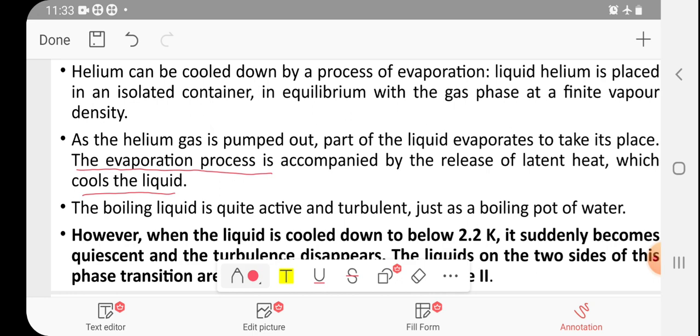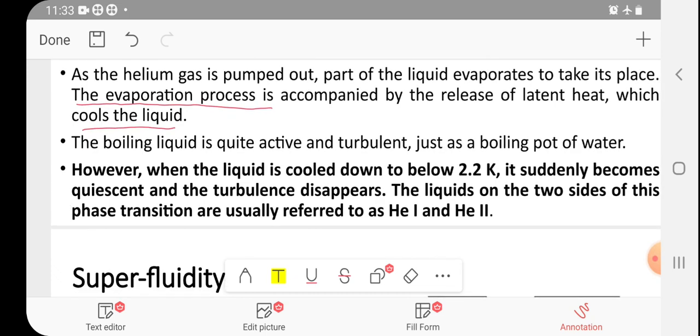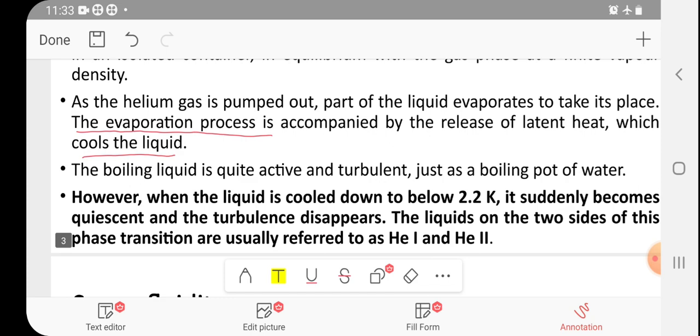However, when the liquid is cooled down to below 2.2 Kelvin, and this fact is very important, it suddenly becomes quiescent and the turbulence disappears.